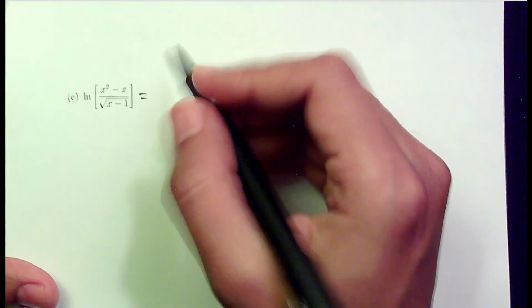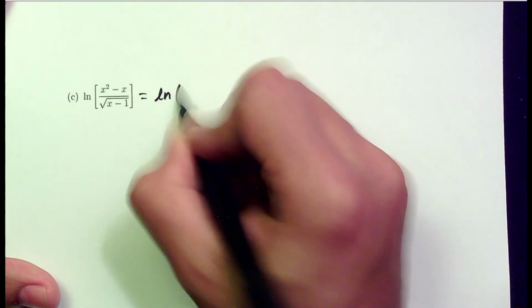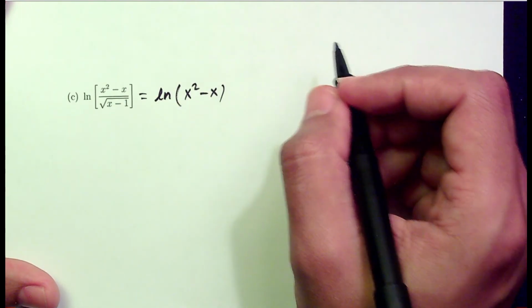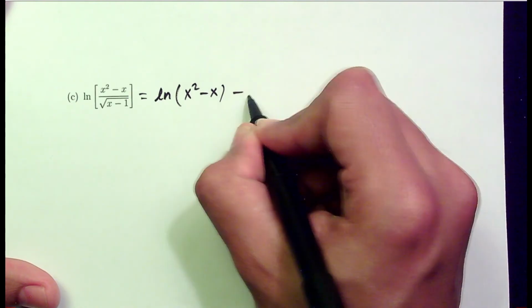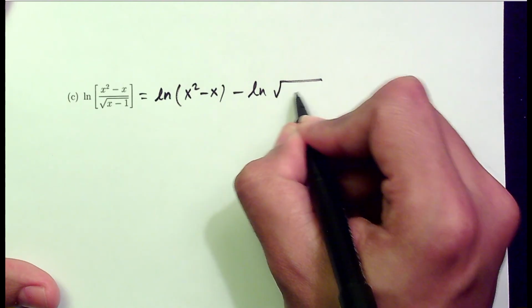All right, now let's do it. This is the ln of the top, using the property that the logarithm of a quotient becomes a difference of logarithms. The logarithm of the top minus logarithm of the bottom.